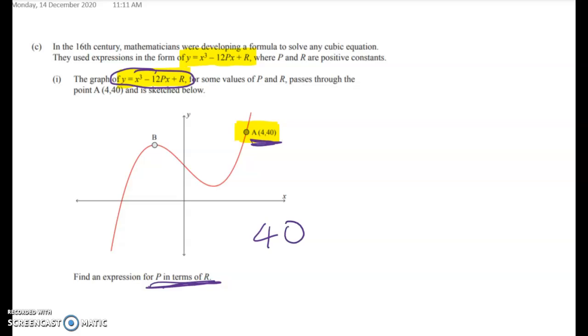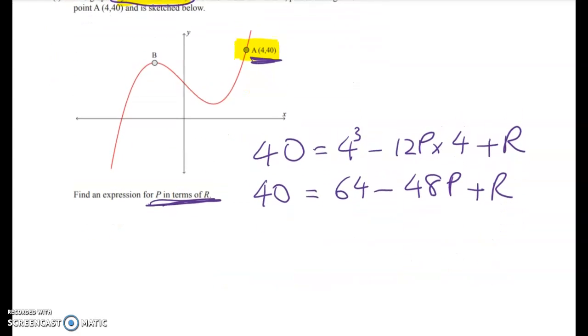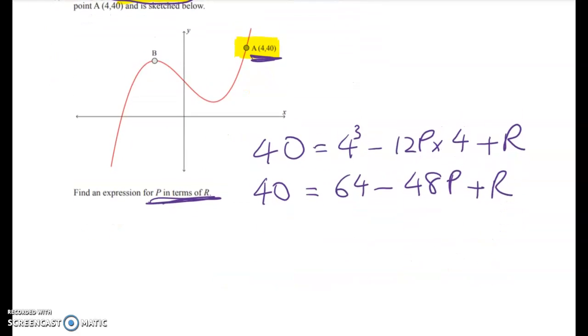So we have 40 is equal to 4 cubed minus 12p times 4 plus r. So 40 is equal to 64 minus 48p plus r. I'm going to rearrange that and get p to the left-hand side. So 48p is equal to 24 plus r.